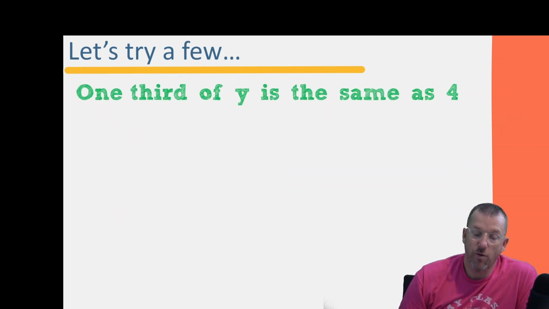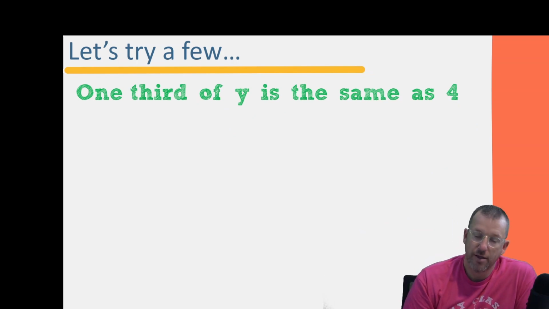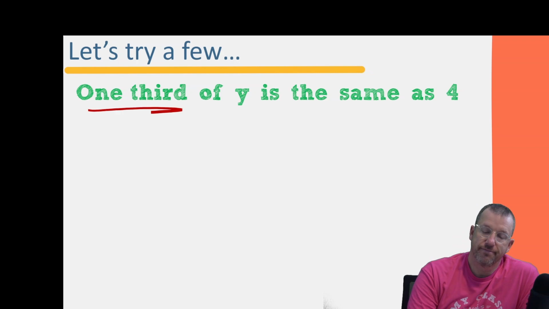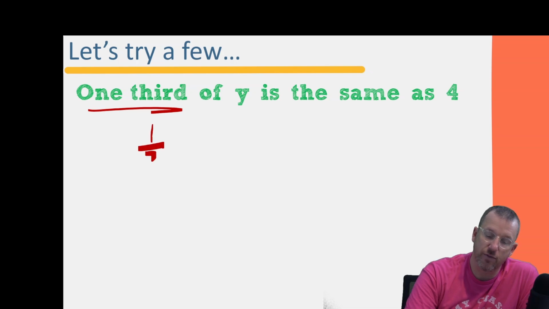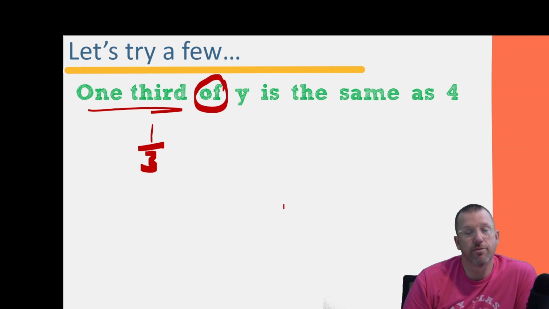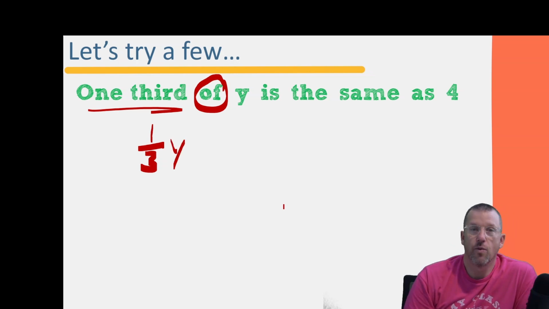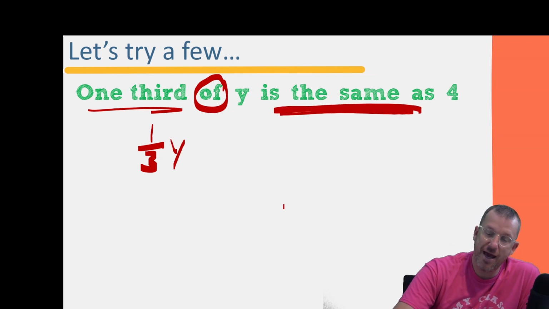Now we have 1/3 of Y is the same as 4. Well, 1/3, that's not really a buzzword, but it puts the number in word form, and 1/3 is a way of saying a fraction. 1/3 of Y. So of is one of those buzzwords that we use for multiplication. 1/3 of Y is the same as.